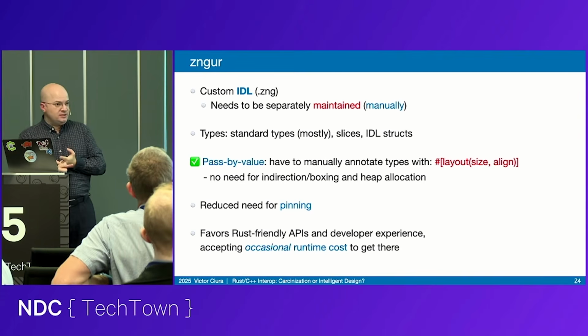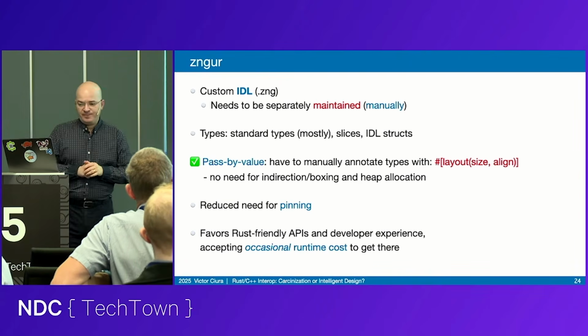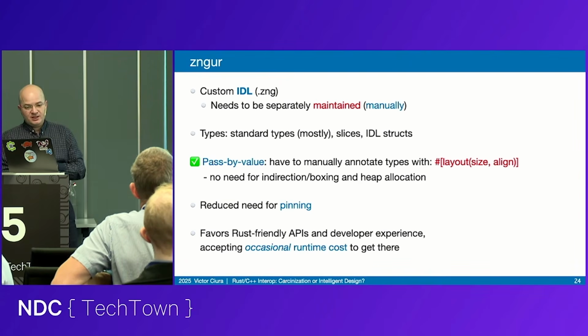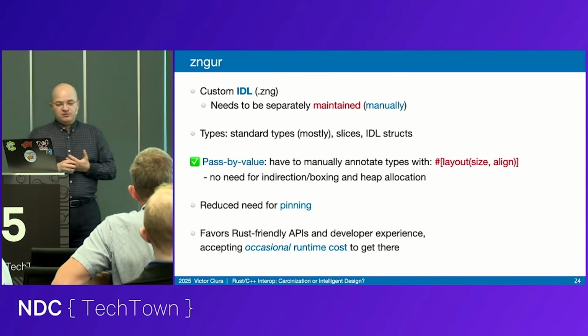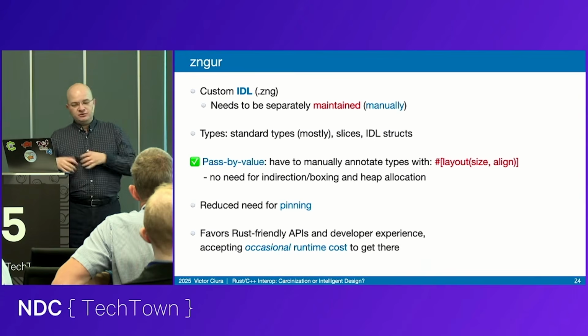So no more needing to box everything, with indirections and heap allocations. So it's much more efficient in most cases. No more need for pinning. In most cases you can just get away without pinning. And it's more ergonomic to use in most situations. And only occasionally will you pay for runtime costs.